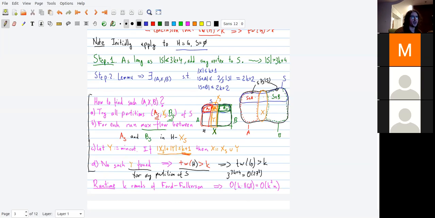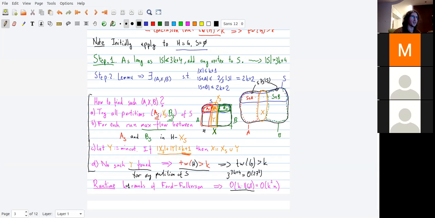For each partition, I run a max flow algorithm, and I'm caring only about cut of size at most k plus 1. So in order to check whether there is a cut of size at most k plus 1 between two sets of vertices, I need to run at most k plus 1 rounds of the Ford-Fulkerson algorithm, and each of those runs in linear time. So I've got running time k times the size of the graph.